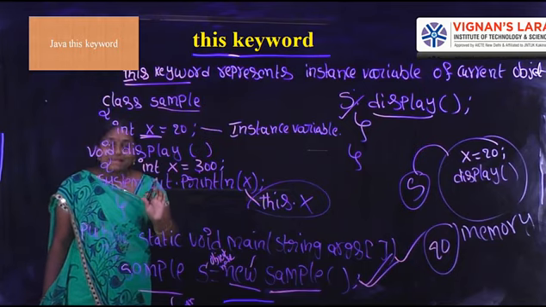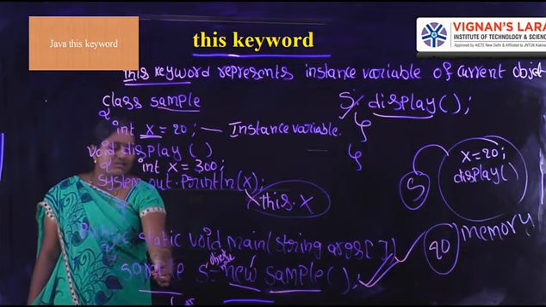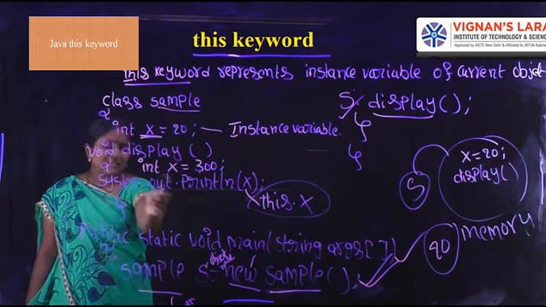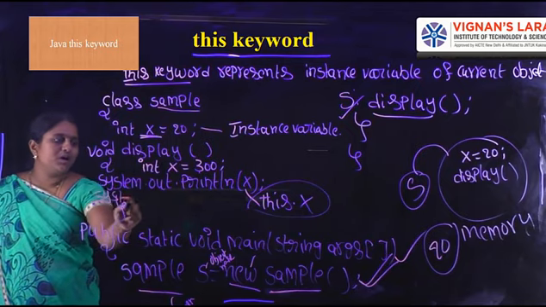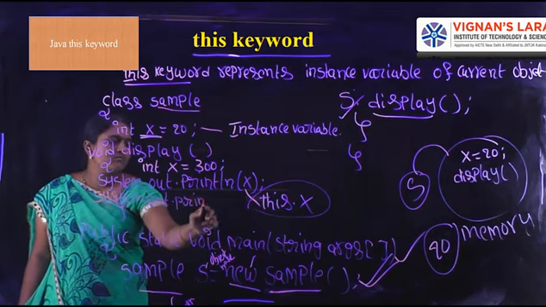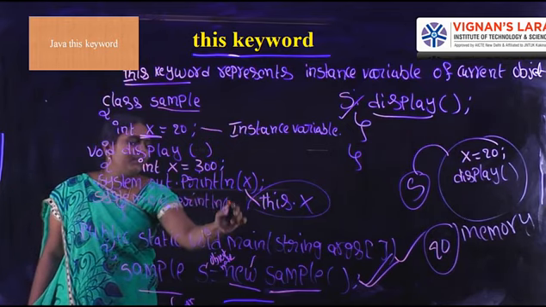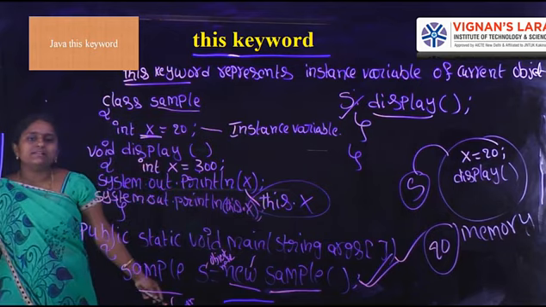For example, here I am writing another System.out.println statement, with this dot x. What is the output I am getting?